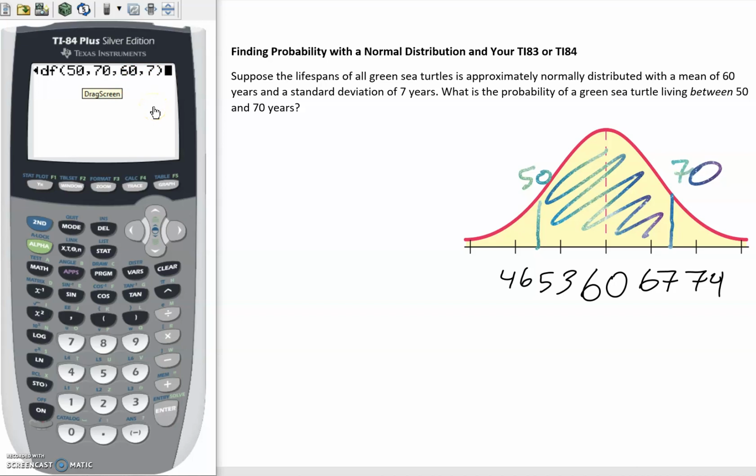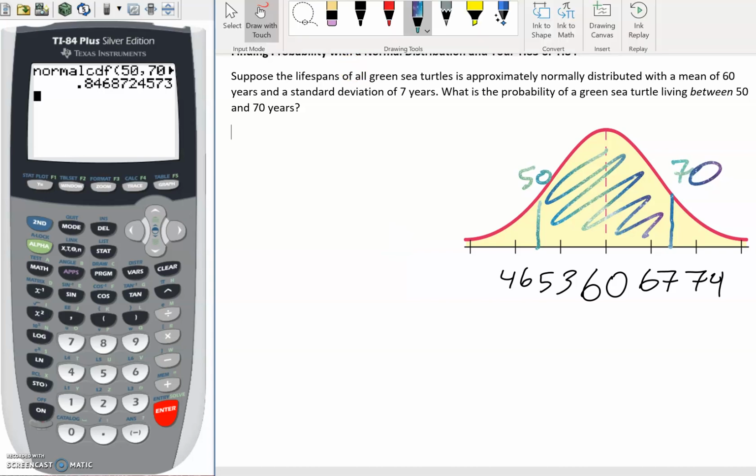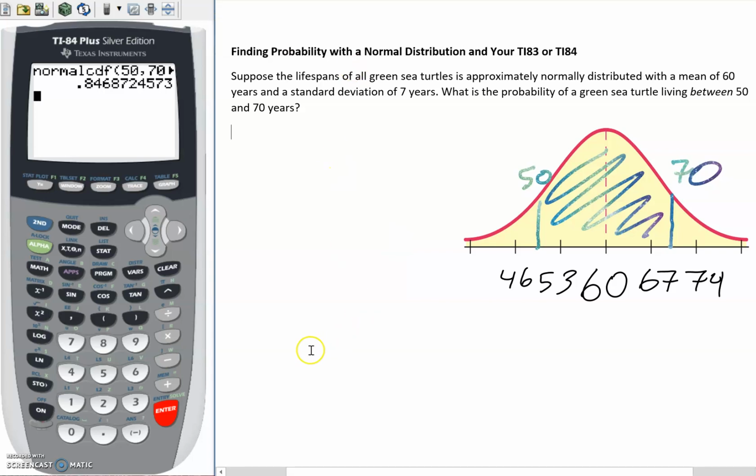All right, if we hit enter, we're going to get 0.84687, etc. So this is our probability of a green sea turtle specifically living between 50 and 70 years.